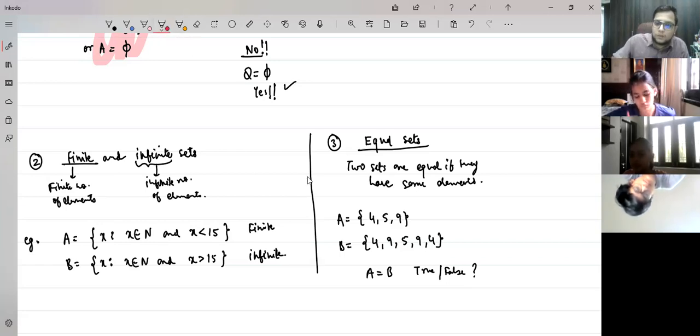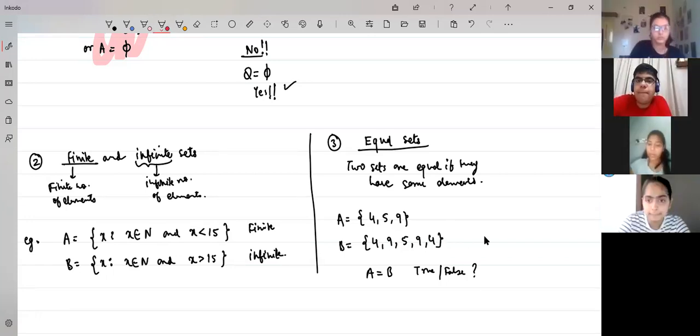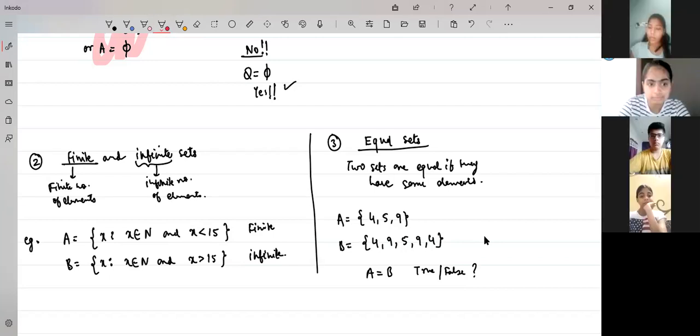So Tushar is saying true. What are all the others saying? True. Definitely true, because this set can be rewritten as {4, 5, 9}, since repetition does not matter and the order does not matter. So A and B are equal sets. Any problem, anyone? No, sir.